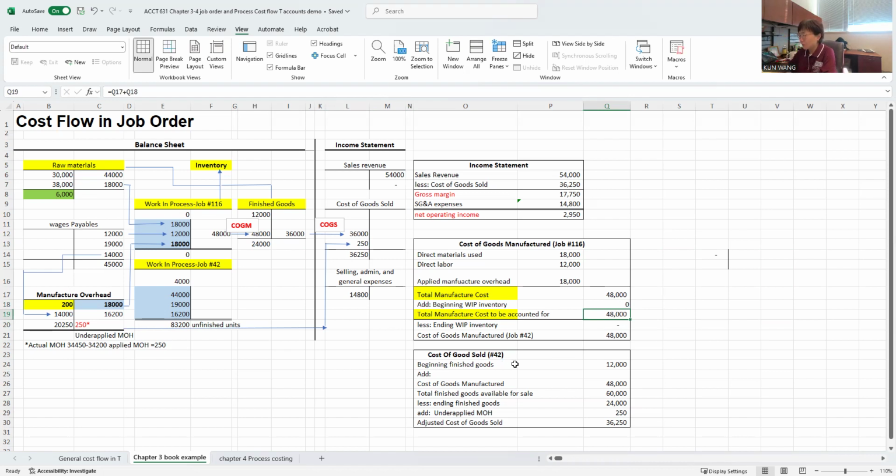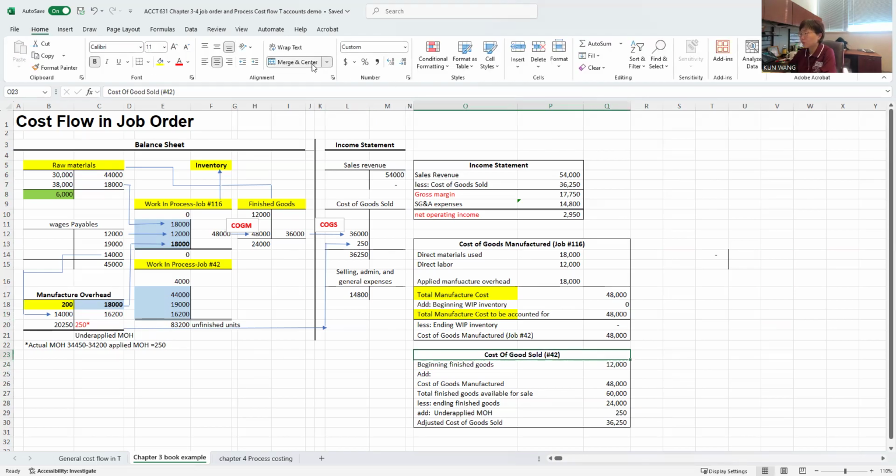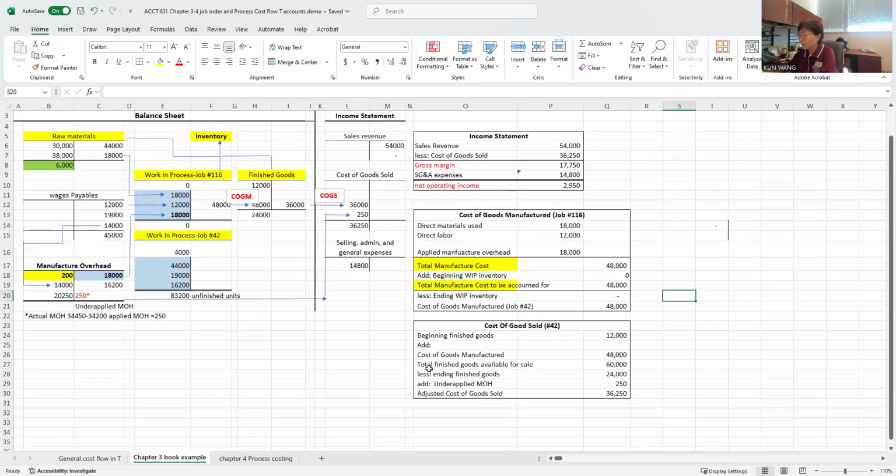And then the cost of goods sold. For the cost of goods sold, we have the original cost of goods sold, and also add the under applied manufacturing overhead.